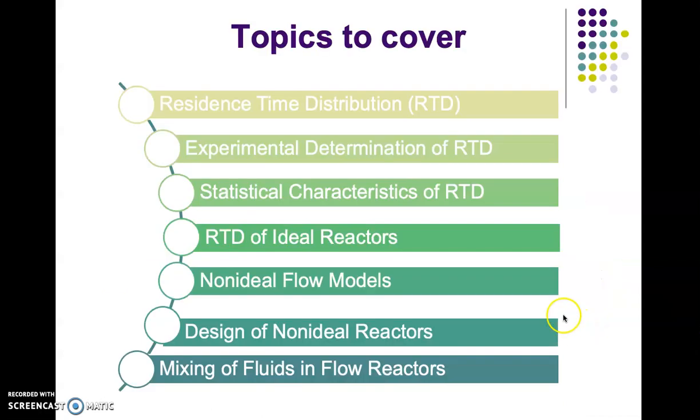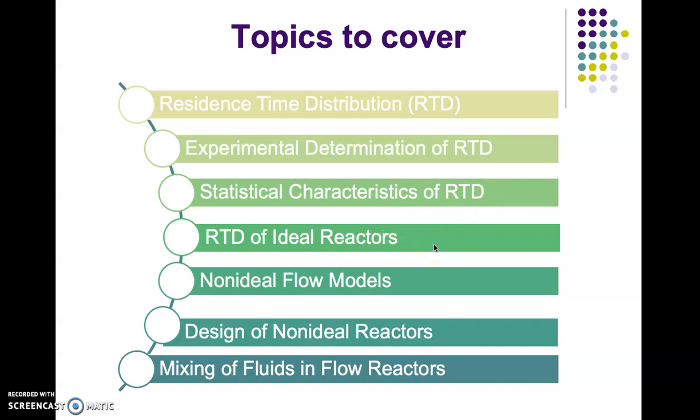Okay. So, these are the topics I will cover for your syllabus. We have the RTD, which stands for residence time distribution, then experimental determination of RTD, the statistical characteristics of RTD, and then RTD for ideal reactors.